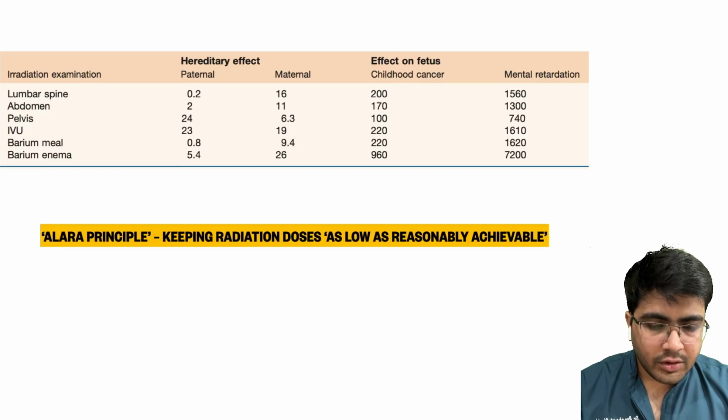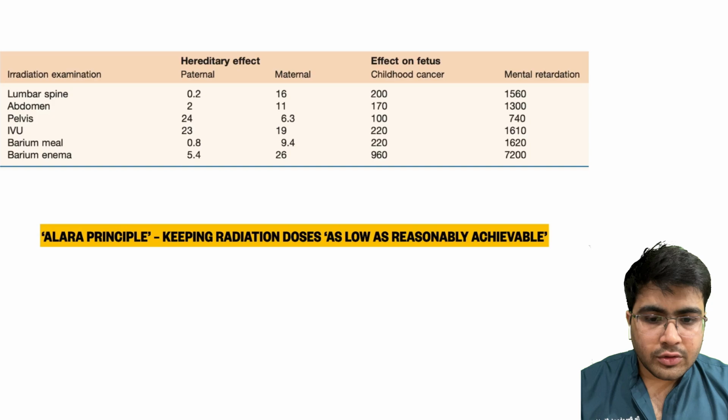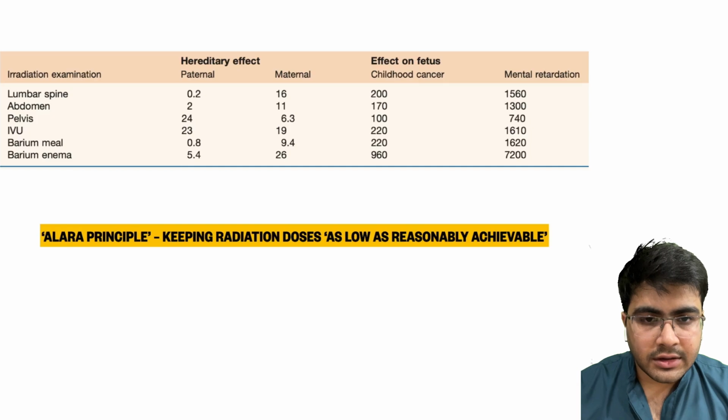The next thing we want to know is that in a female patient, the hereditary effect leading to germline mutation is most importantly seen if you get a barium enema done. This difference between male and female patients is basically due to the location of the testis and ovary, due to which different investigations impart different impact on these gonadal organs.